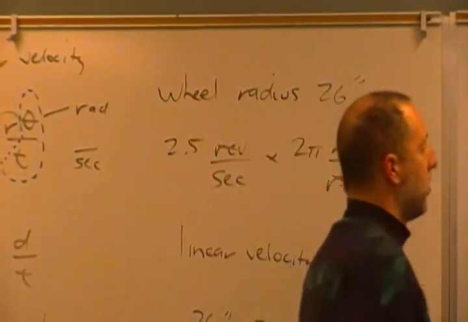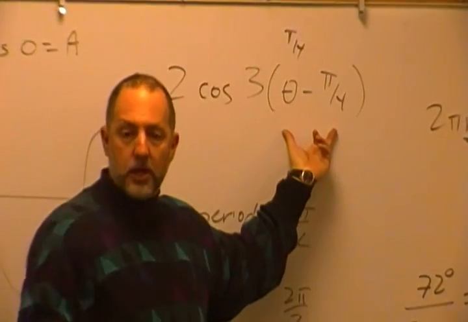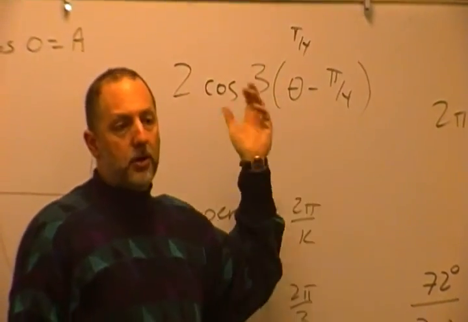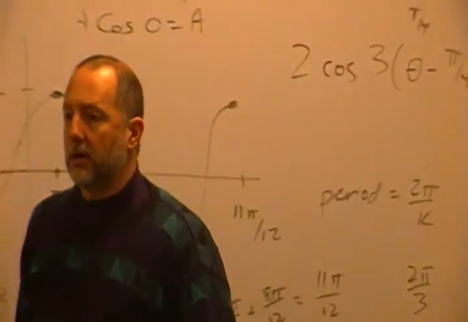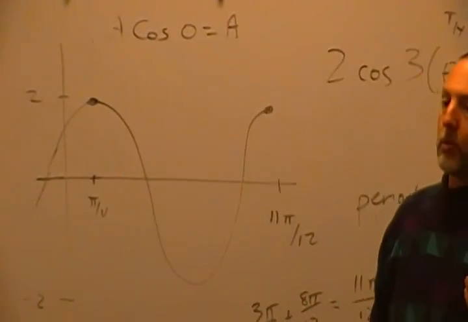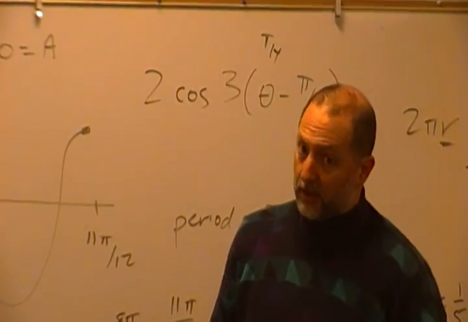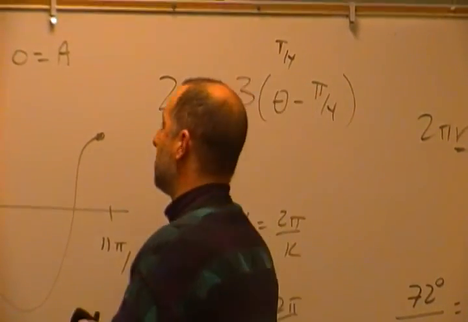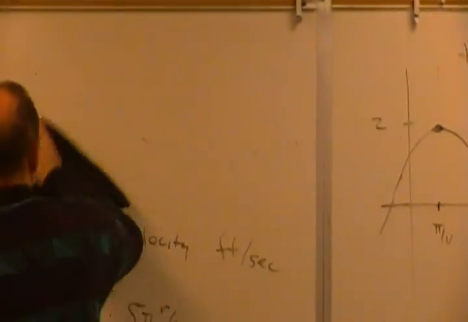So I just take whatever this part is here and set it equal to 90 degrees, or pi over 2. Once I have that first asymptote, I calculate the period, put down a bunch of asymptotes, draw the graph in between, done. I know that we are more familiar with sine and cosine in terms of doing problems, but as far as graphing, tangent, cotangent, secant, and cosecant are a lot easier. Let's erase this over here. Let's do some cosecant stuff.